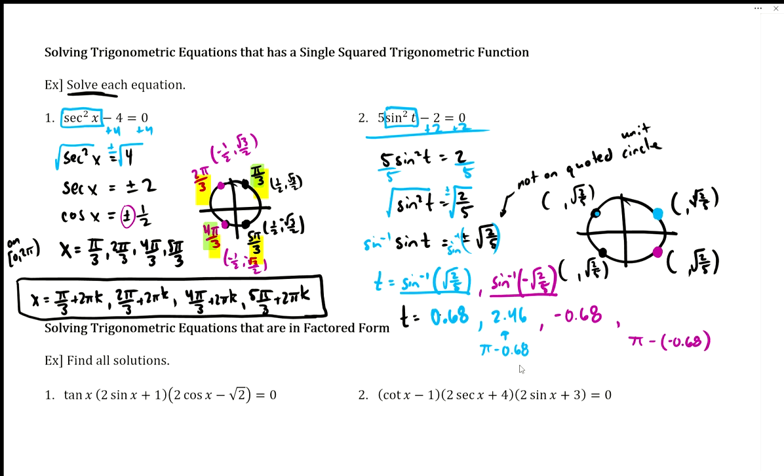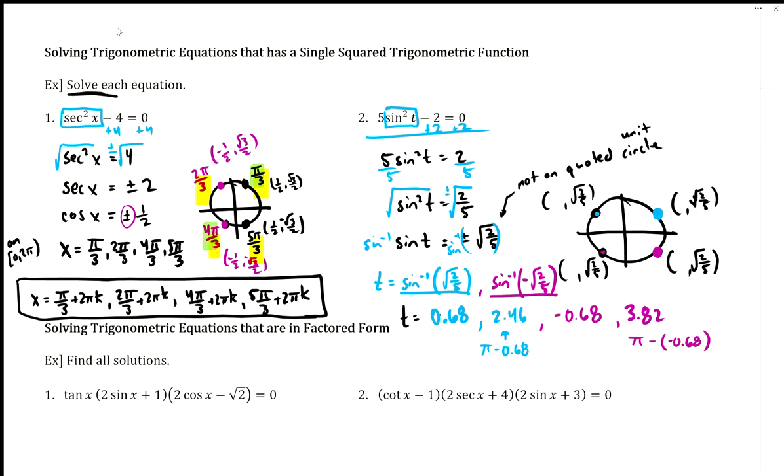So it is pi minus a negative, which really would be pi plus, to get the second answer. So we've got pi plus 0.68, and that gives us 3.82, which would be that one. So there's four of our answers as decimals.